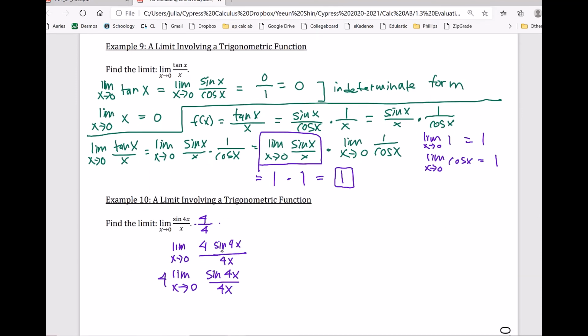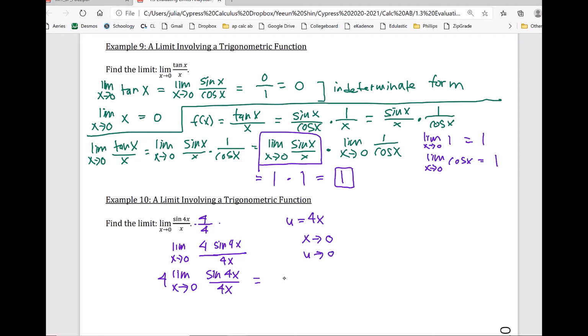So why don't we use what we used before and say u is equal to 4x. Then as x approaches 0, what would happen to u? As x became smaller and smaller, or bigger and bigger from the negative side, it's still going to approach 0.